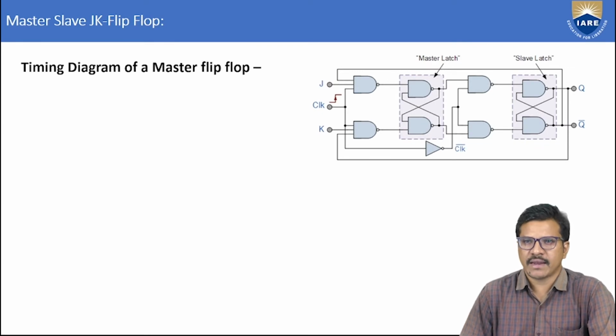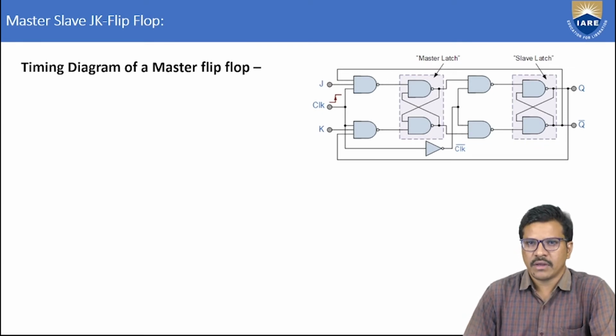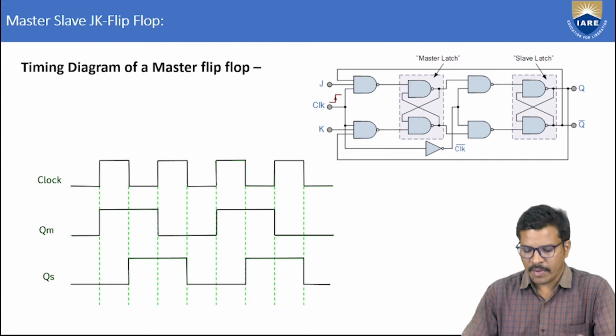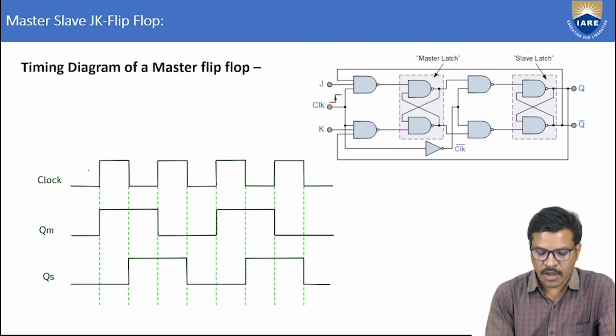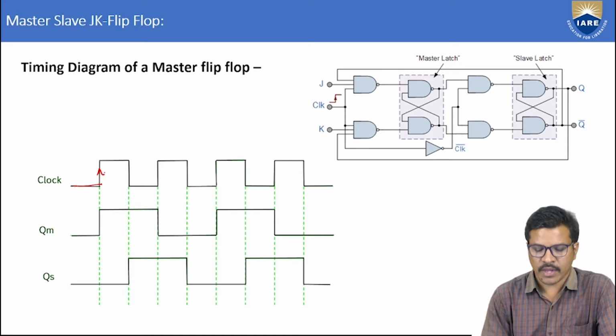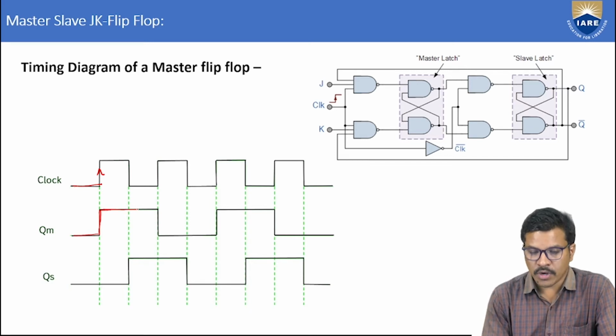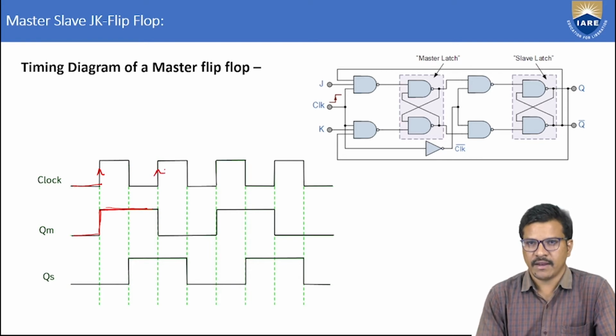When we see the timing diagram for the master slave flip-flop, look at the master output and slave output. When the clock is high during the positive edge, QM, for example, gets 1, and it holds the logic 1 output until it reaches the next positive edge of the cycle.